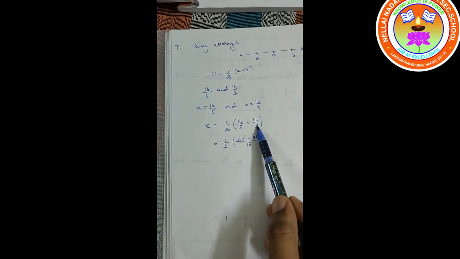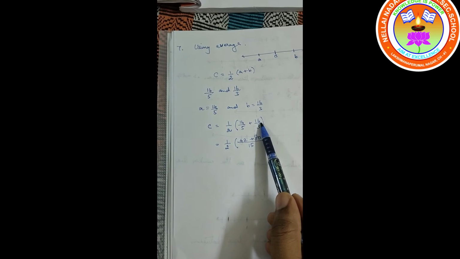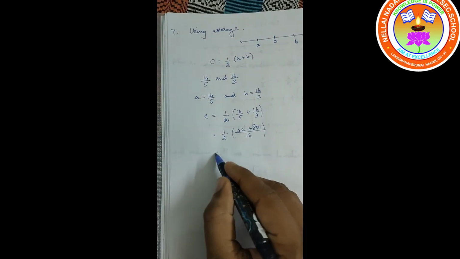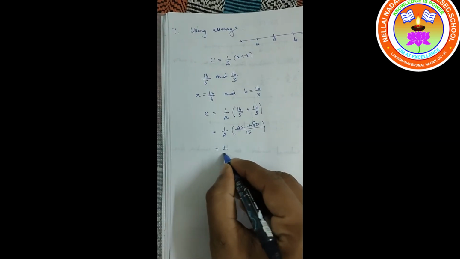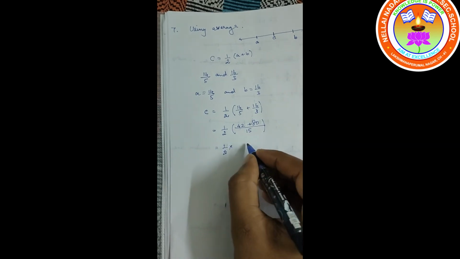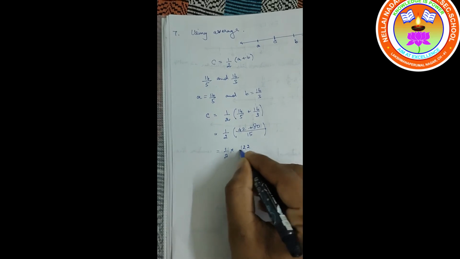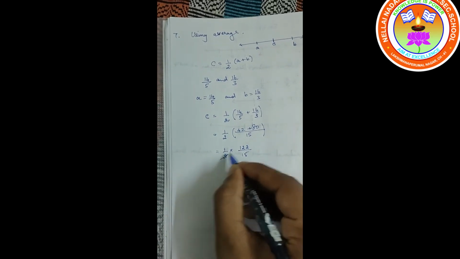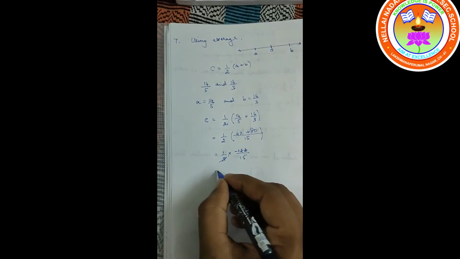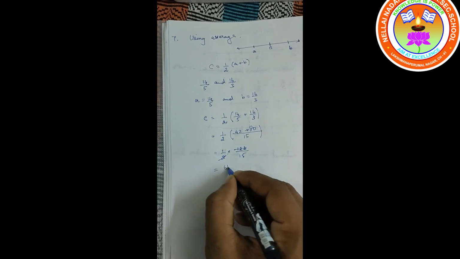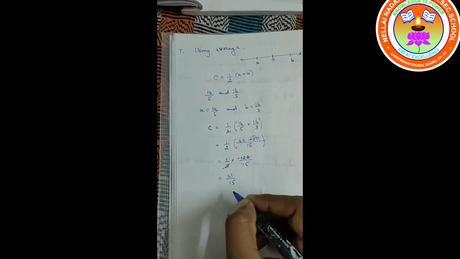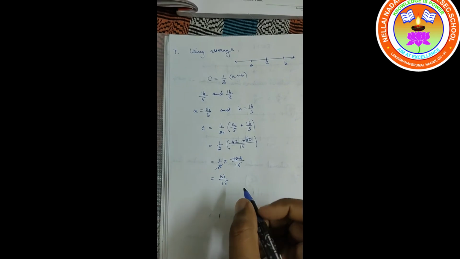Here, how many times will 3 become 15? 5 times. So the same 5 you multiply with the 16, you will get 80. So if you add both, you will get 1 by 2 into 122 by 15. If you add this, you cancel it, you will get 61 by 15. This is the value between A and B.